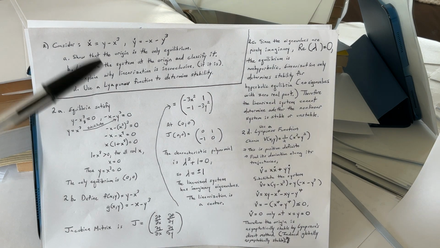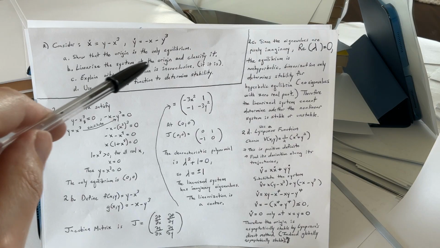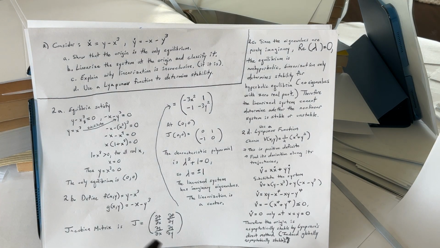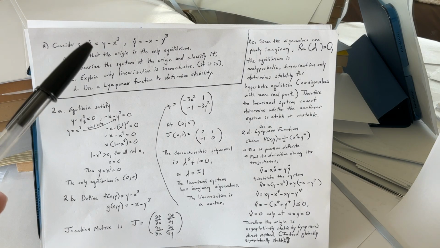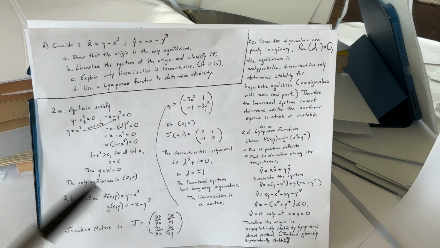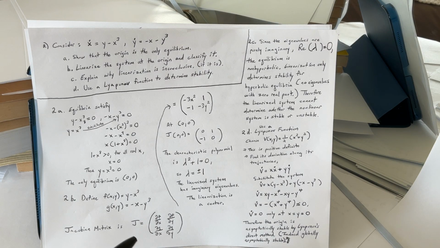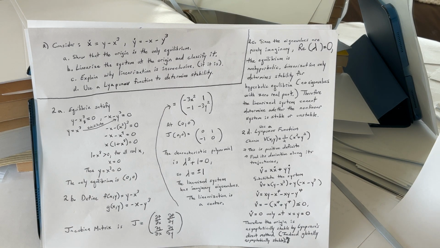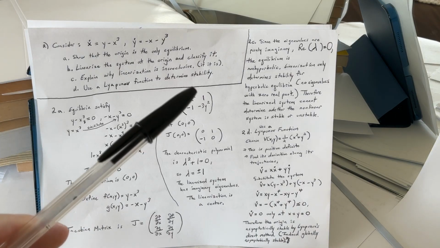Now in part 2b, it gets interesting. We want to linearize the system at the origin and classify it. So we define these as functions, we'll call this f of x, y, this g of x, y. Set up the Jacobian matrix. Take the partials.